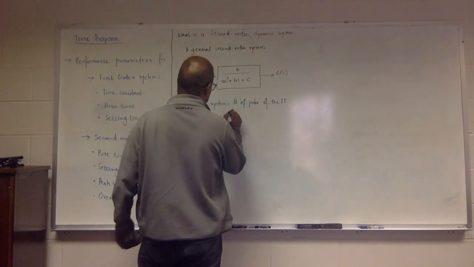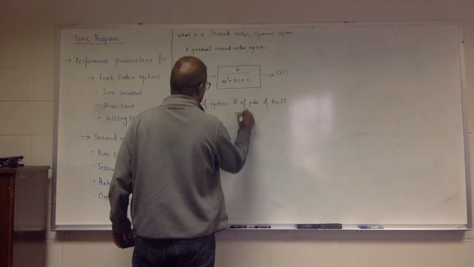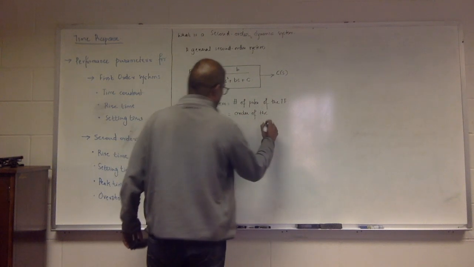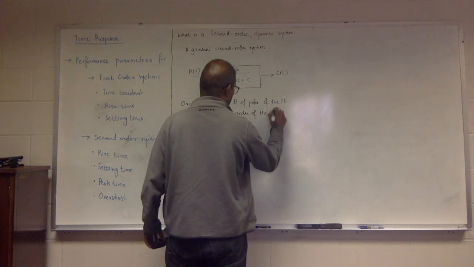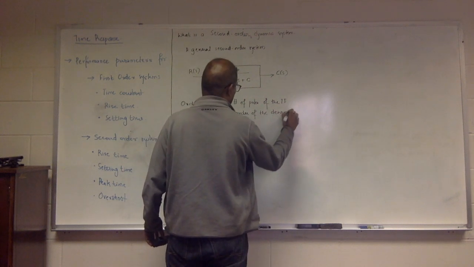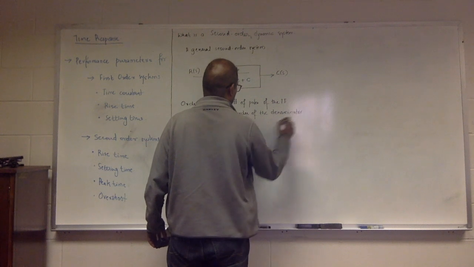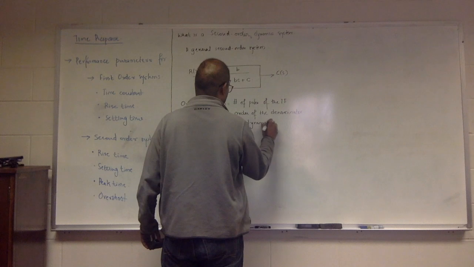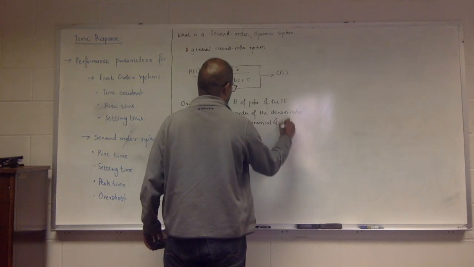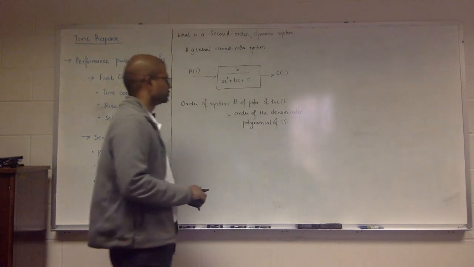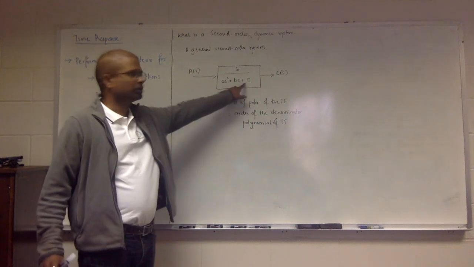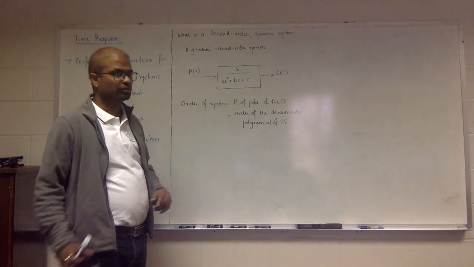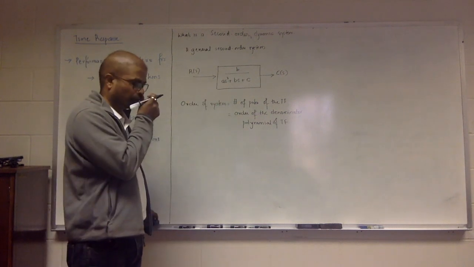This is also equal to the order of the denominator polynomial. So this is a second order polynomial in the denominator, and that's the reason the order of the system is 2. Okay, and this has 2 poles.